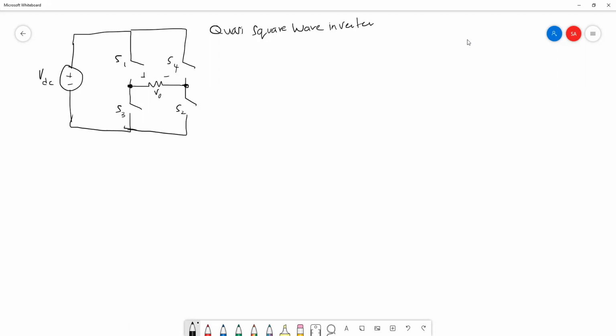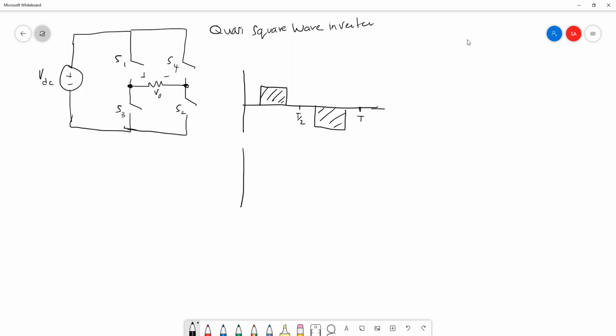So the topology or the circuit is still the full bridge inverter. The difference between quasi square wave and square wave is how we control the signal of these four switches. For quasi square wave the output voltage is quite different. For one period, this is half period, so the output voltage of the quasi square wave will be this one.